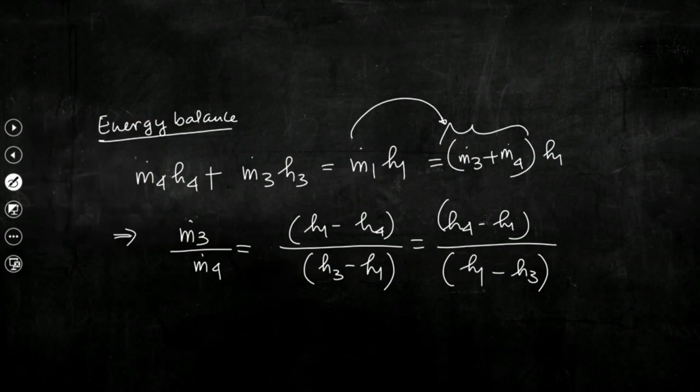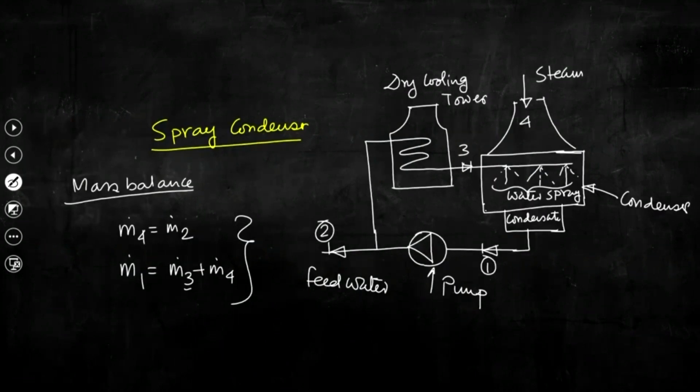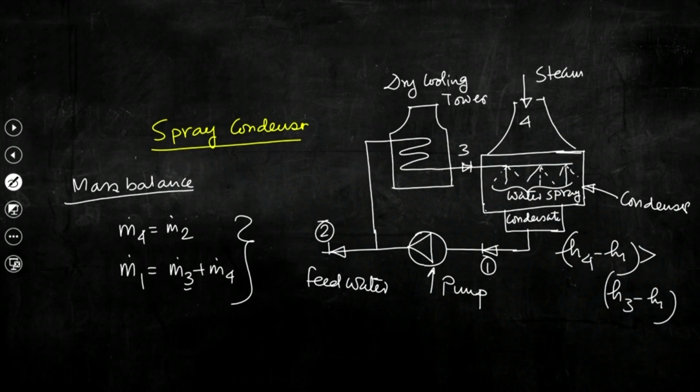right. Now, if we go back to the previous slide, we can understand that H4 minus H1 is much higher than H3 minus H1, because steam is having high enthalpy than the enthalpy available with the coolant at the inlet of the condenser.